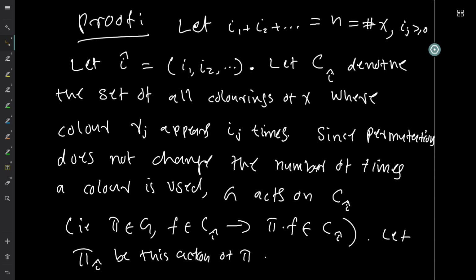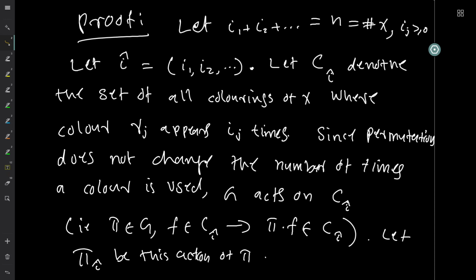So even though the set of colors is infinite, the tuple that we are going to consider, which is going to contribute anything, is always going to add to n, which is the cardinality of X. So let I1 plus I2 plus etc. equal n, and Ij is of course greater than or equal to 0, and the tuple I1, I2, etc. is denoted by I cap.